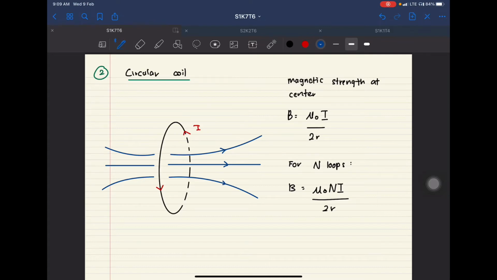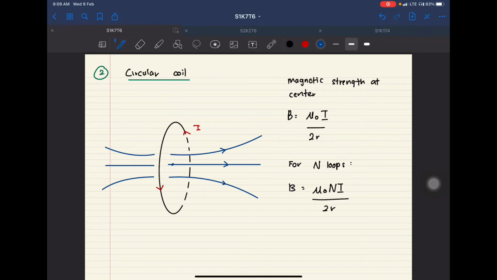To calculate the magnetic field, it's quite simple. You have to use the formula B equals mu naught I over 2R. Remember this magnitude of magnetic field is at the center over here. And again R is the radius of the loop.